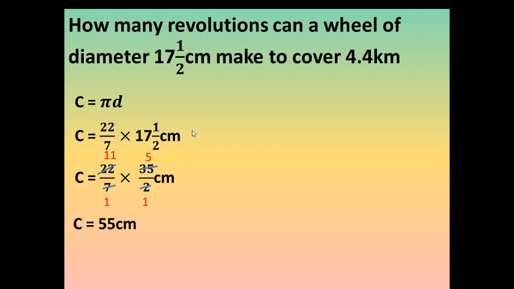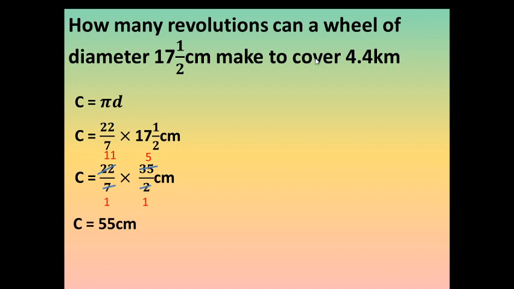We now know the distance around the circle, given the diameter. So if the circumference is 55 centimeters and the distance to be covered is 4.4 kilometers, we still have a task to change these units to be the same. This one is in kilometers, and this one in centimeters.